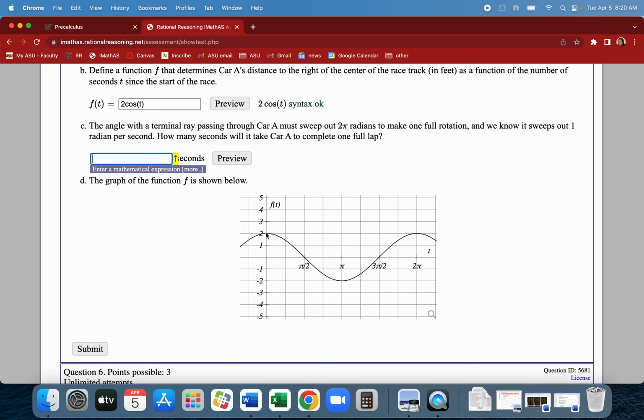So this is a graph of a cosine function in general. I've got t along the horizontal axis, so this is time going by, time in seconds. At 1 radian per second, I start at 2 feet to the right. And then by 2 pi seconds, I'm back in that same position.